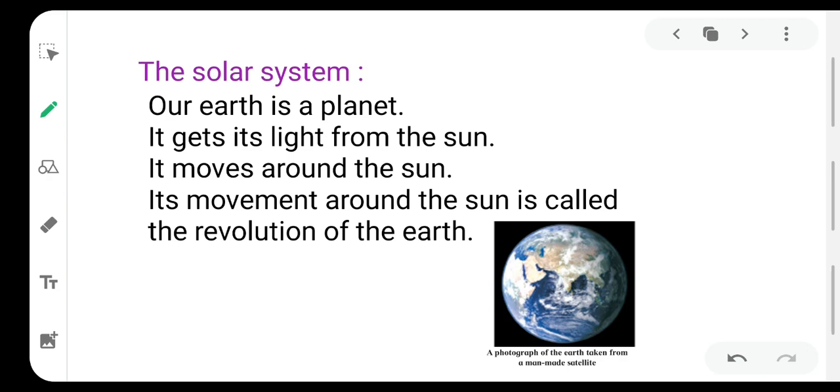In Hindi, we say Mercury as Budh, Venus as Shukra, Earth, Prithvi, Mars, Mangal, Jupiter, Bruhaspati, Saturn, Shani, Uranus, Arun, and Neptune is Varun.